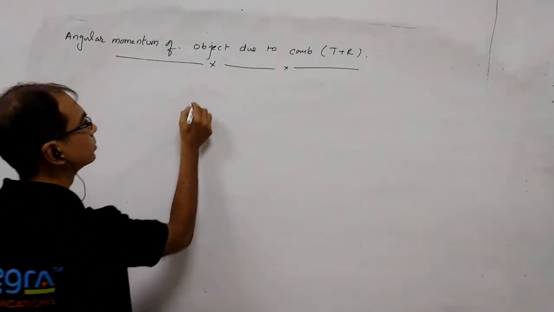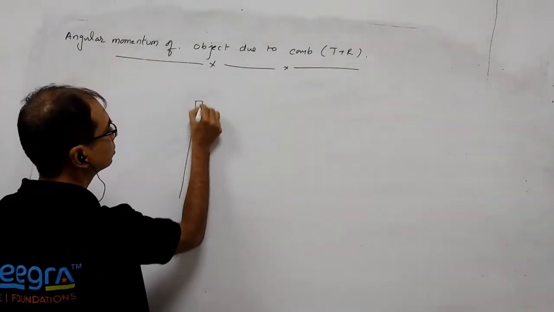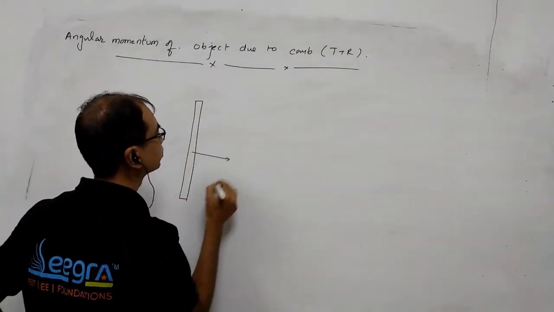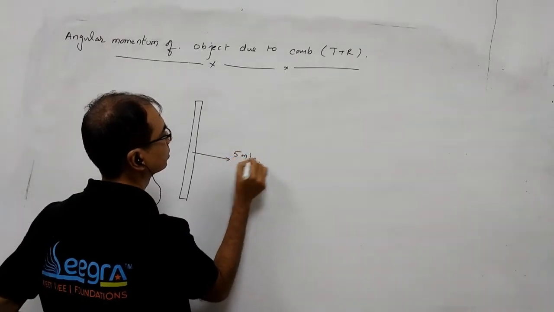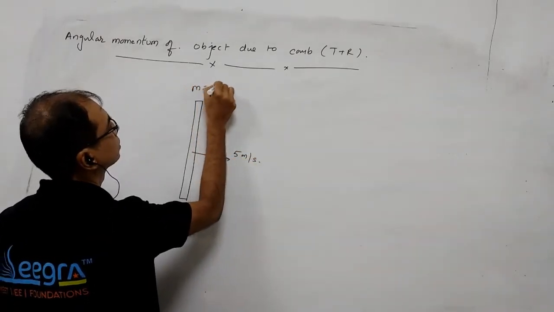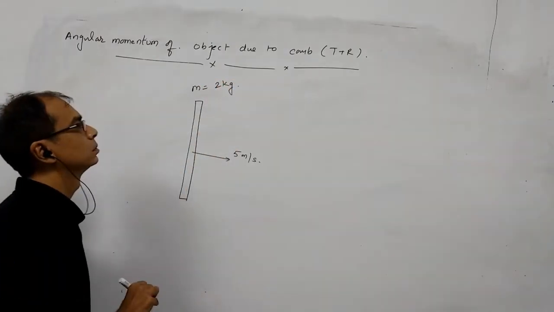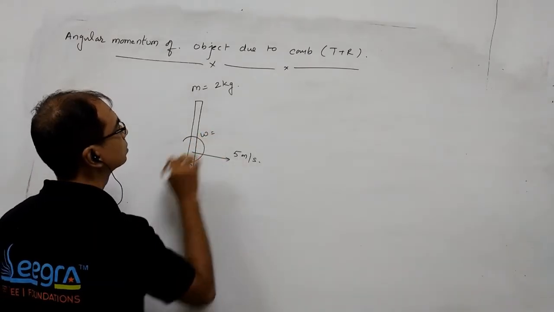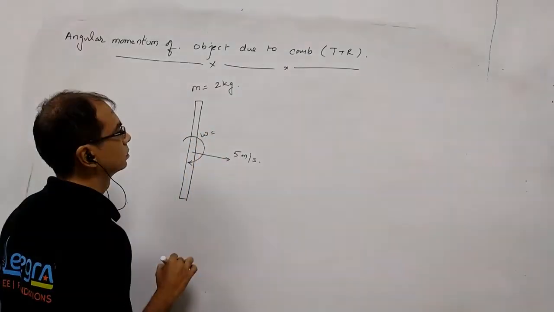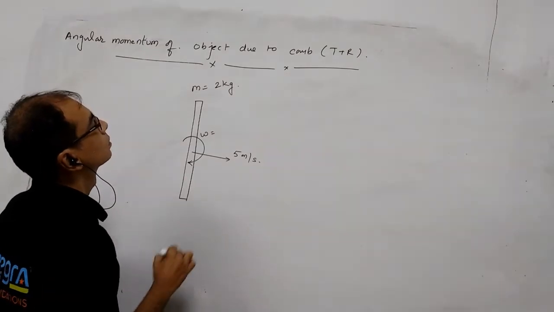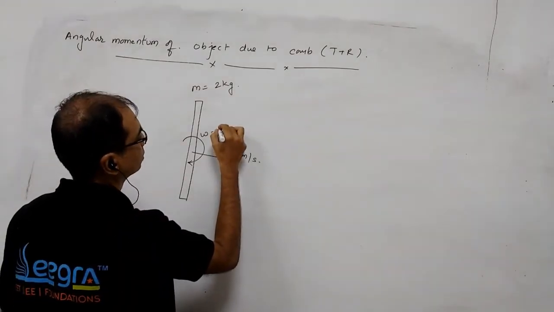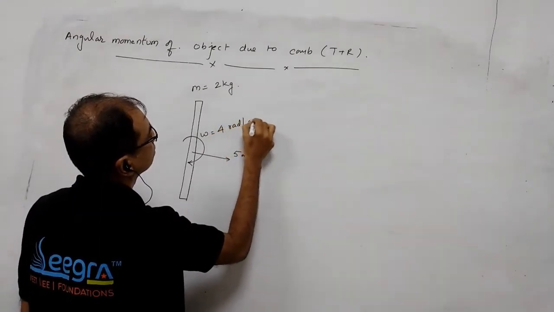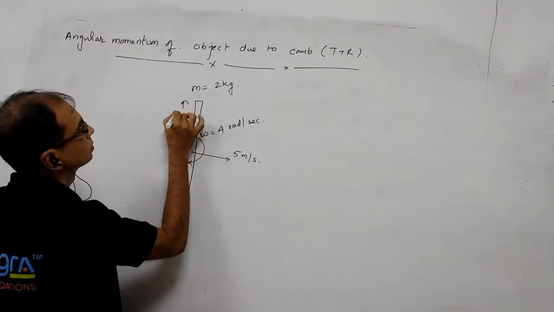Now suppose I am taking the same rod. It is moving, let's say, at 5 meters per second. Mass is 2 kg. Omega, anything you can take, 4 radian per second. Its length is 2 meter.